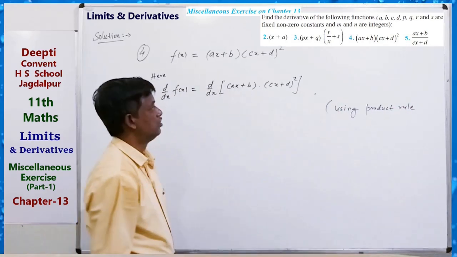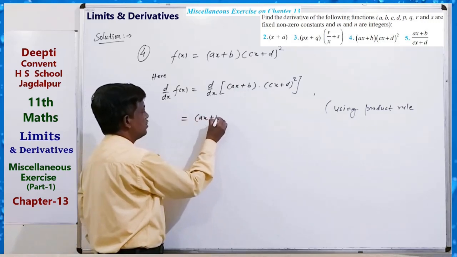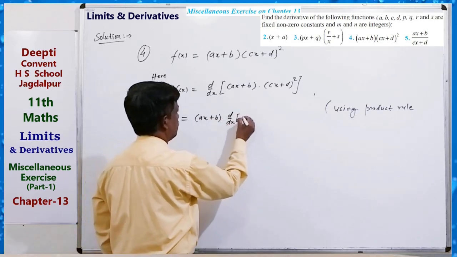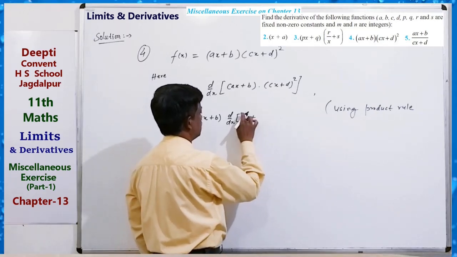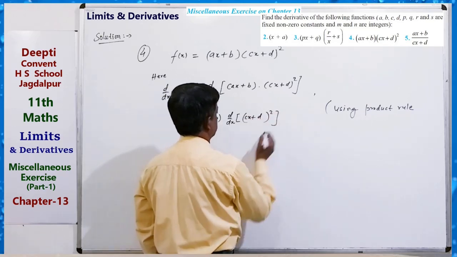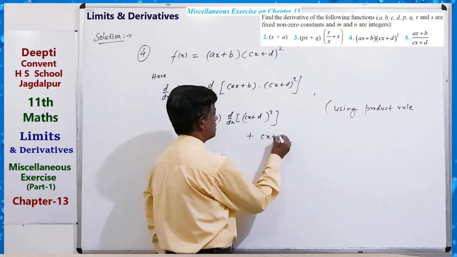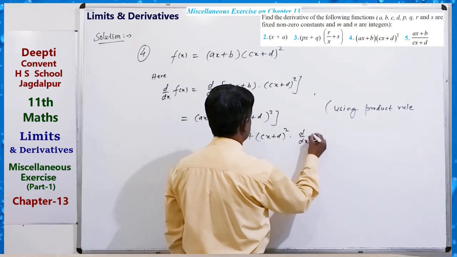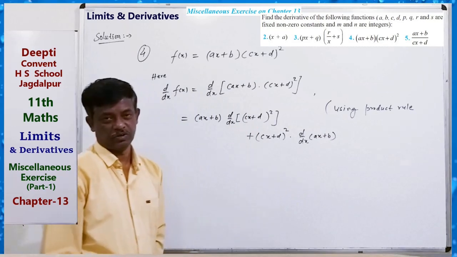Using product rule, we know for uv: u is (ax + b), derivative dy/dx of (cx + d) whole square, plus in reverse order (cx + d) square into dy/dx of (ax + b). This is by using product rule.